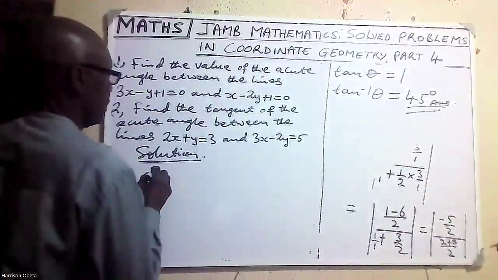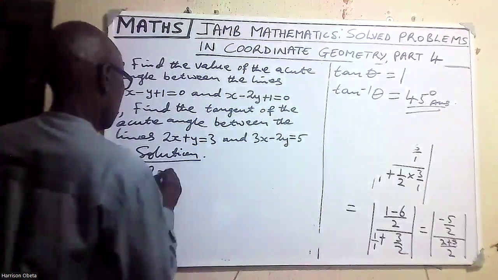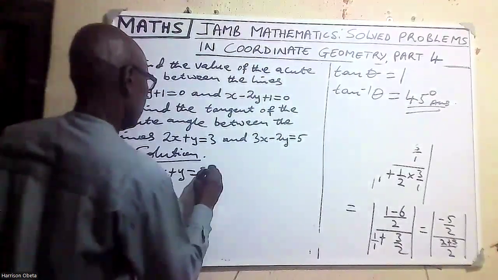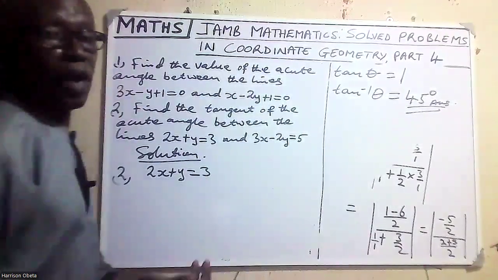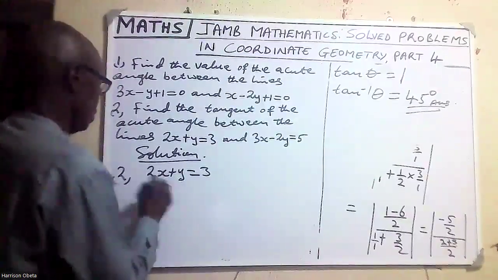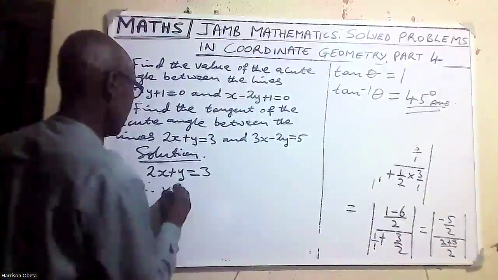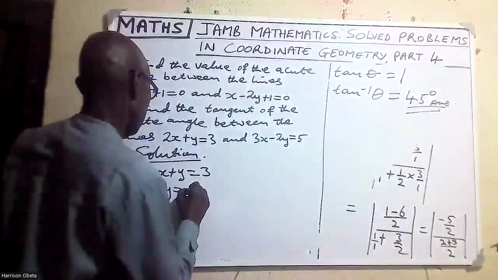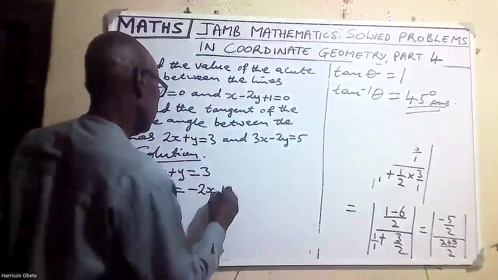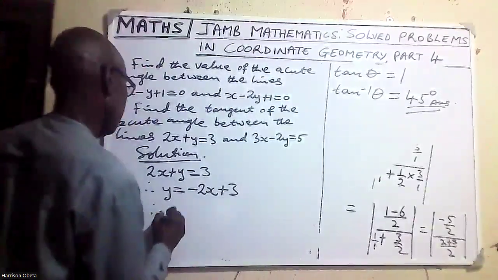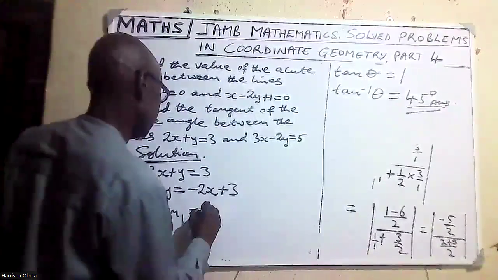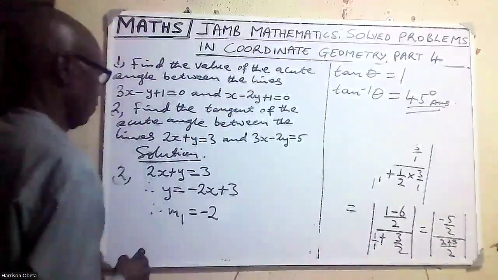The first line, we have 2x plus y equal to 3. Making y the subject of the formula, we have y equal to minus 2x plus 3. Therefore, our m1 is minus 2.